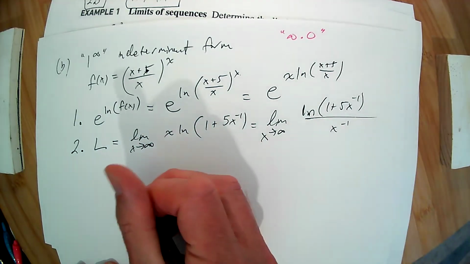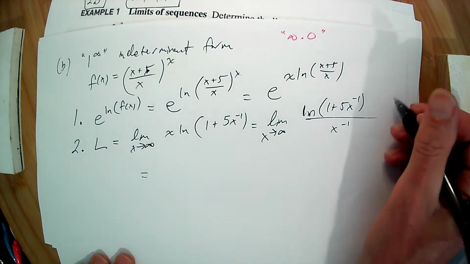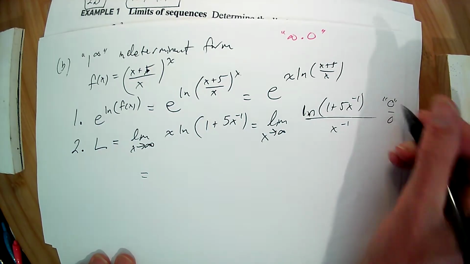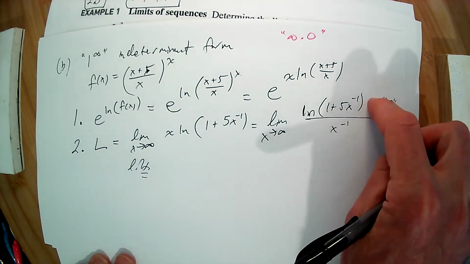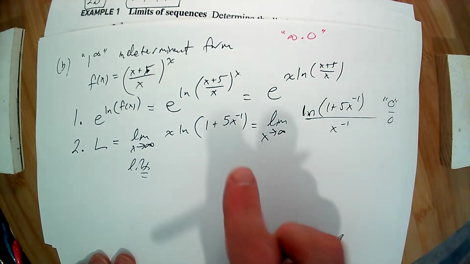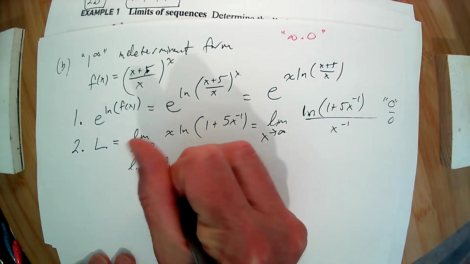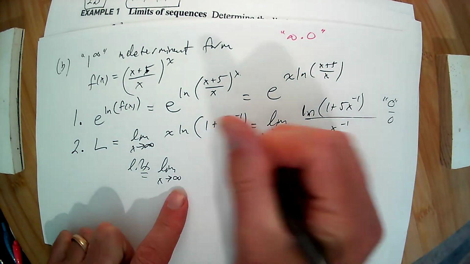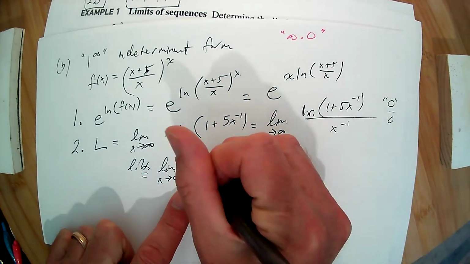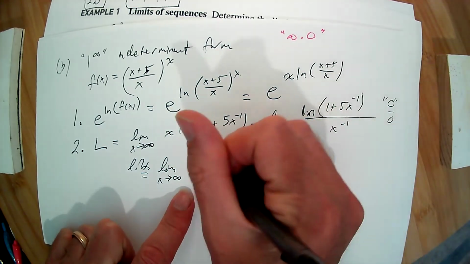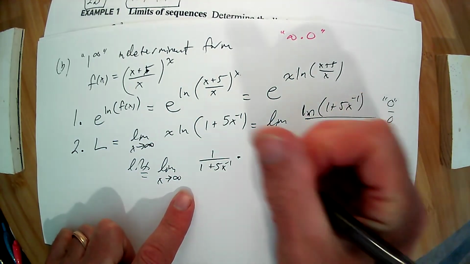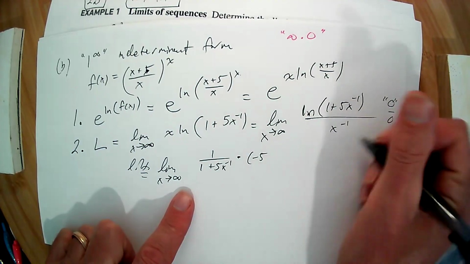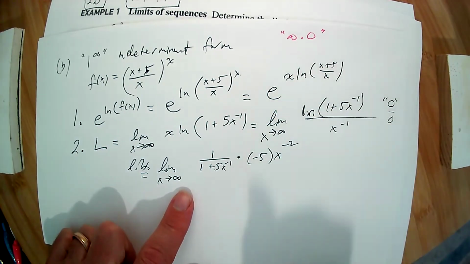Now I can hit this with L'Hopital's rule because at this point this looks like 0 over 0, okay? So I can use L'Hopital's rule because I have a fraction, tending to 0 on top, tending to 0 on the bottom, and we're just going to differentiate. So on the top here, the derivative is 1 over the argument, so 1 over 1 plus 5x to the minus 1, times the derivative of the argument, so negative 5x to the minus 2, okay?